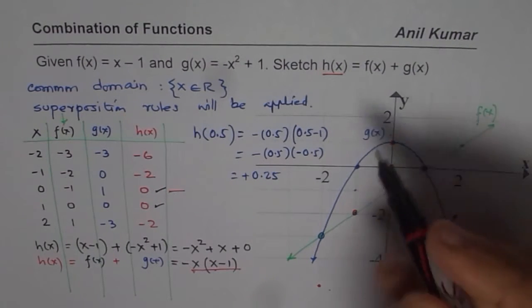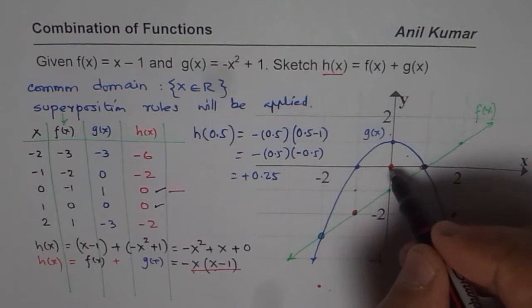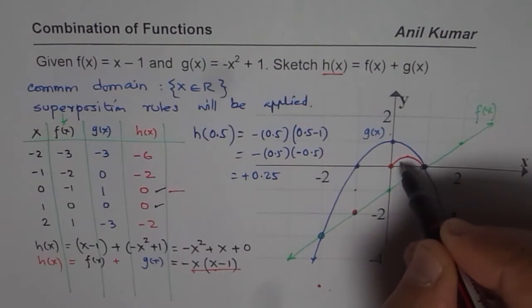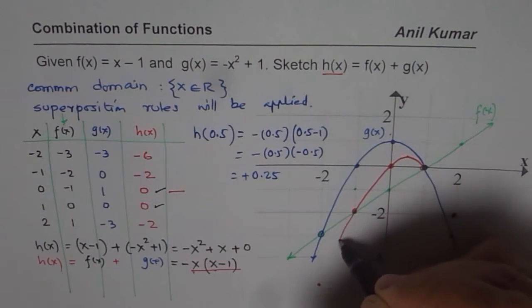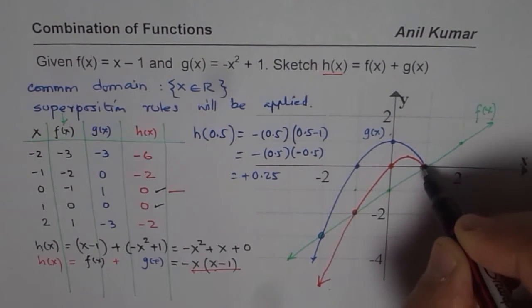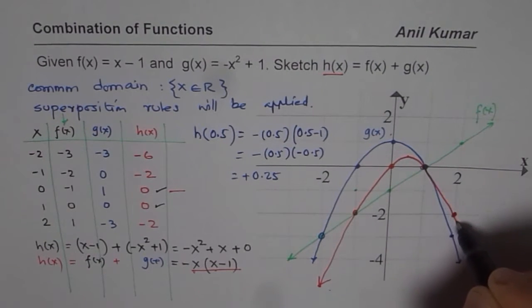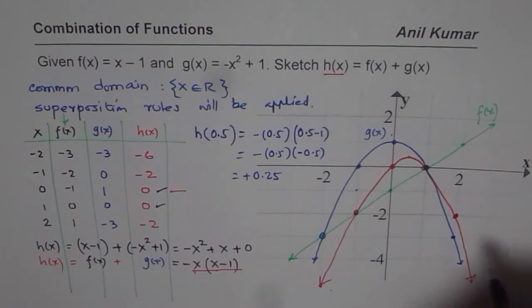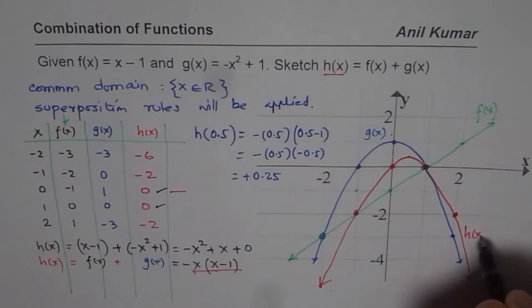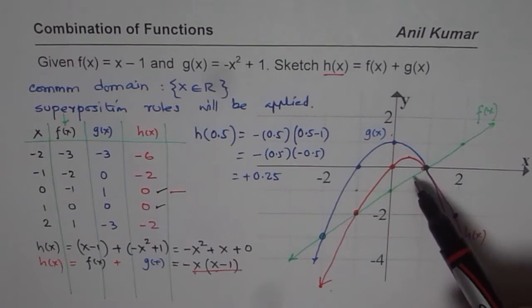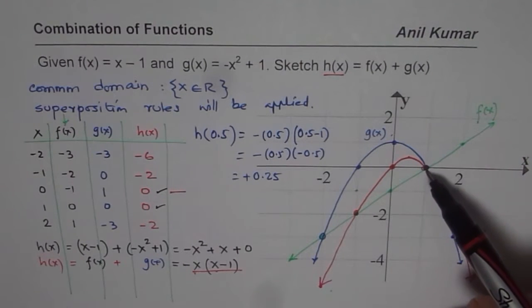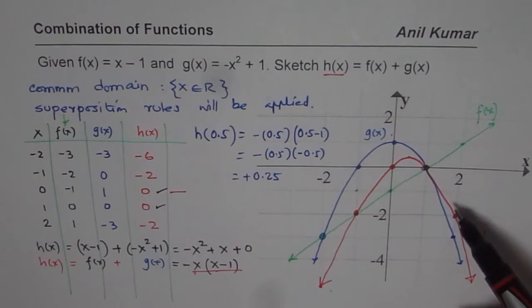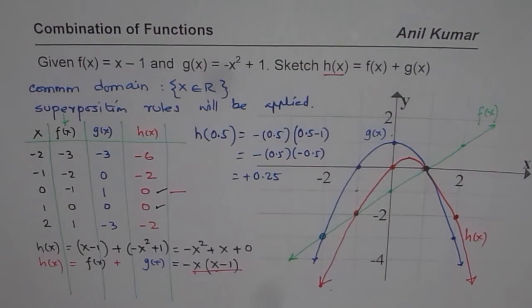So with that, you can actually plot your graph, right? So you can plot your graph kind of like this. You see that? So that is h of x for you. So combining the y values for the same x value helps you to get the value of the combination of functions, right?